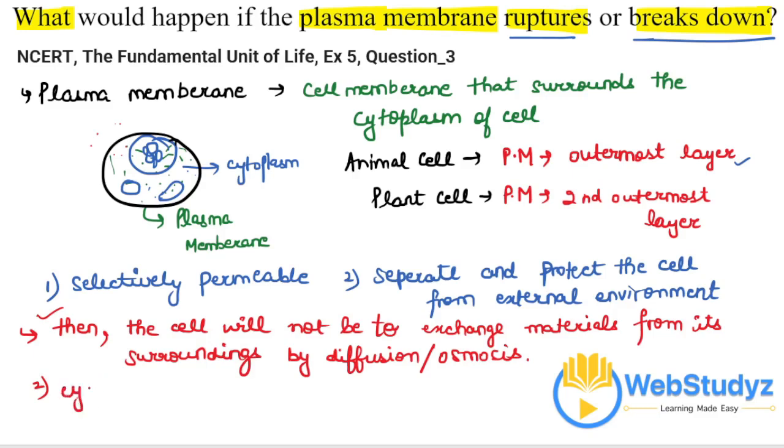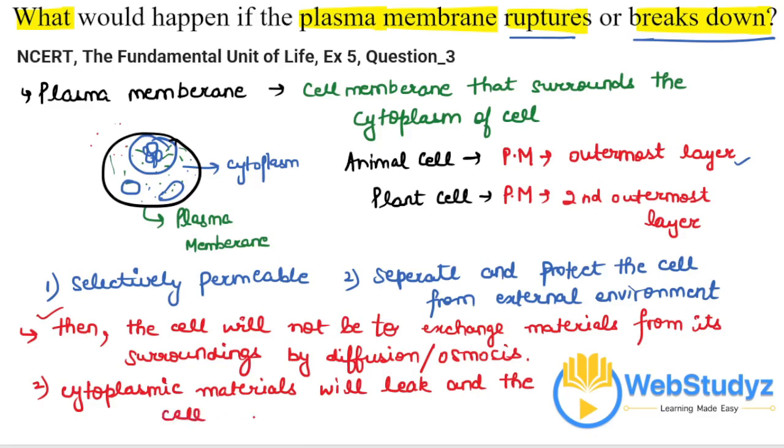The cytoplasmic material, whatever is in the cytoplasm, the organelles, the enzymes, everything will leak into the surroundings or into the outermost environment. And eventually, the cell will die.